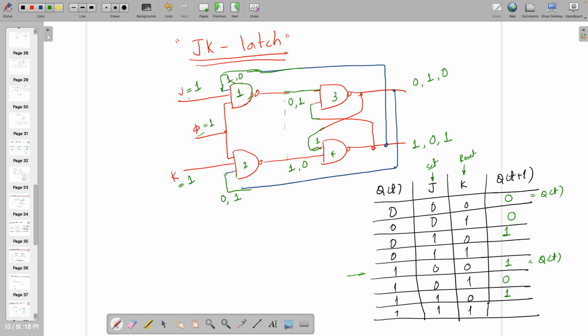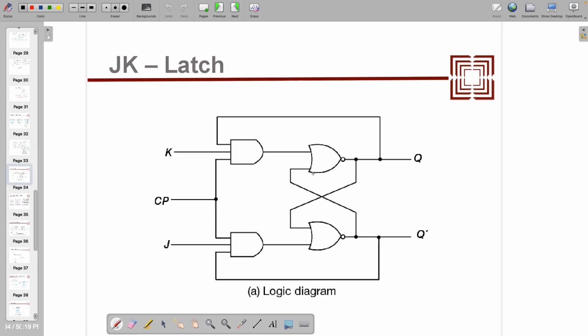right. So if you draw the output, you might see that you will have this kind of diagram at the output when both J and K are 1, but this is the case when it's NAND gate. That will be different if you are using NOR, then it will be for 0 0, right, or if you are using the circuit which is like this, it will have a different condition.